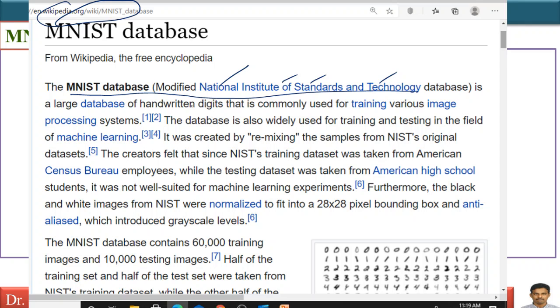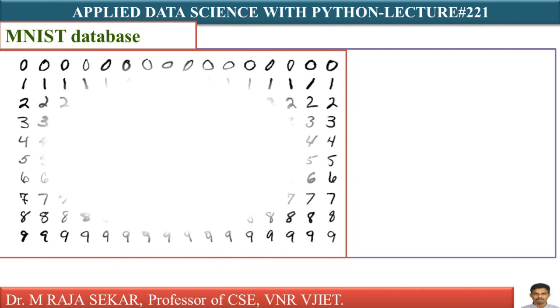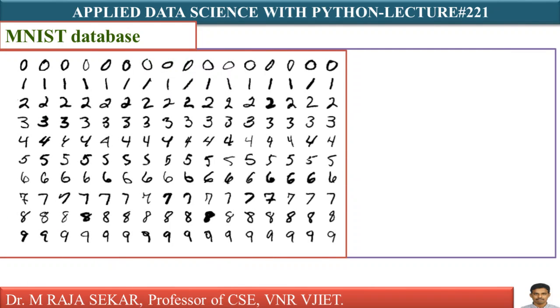I request you to spend a few seconds on this Wikipedia page so that you will get a sense of this particular data set. It is a large database of handwritten digits.